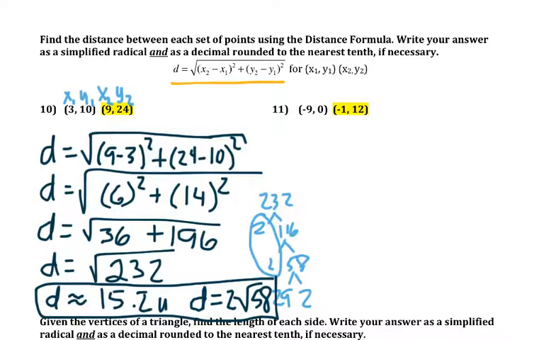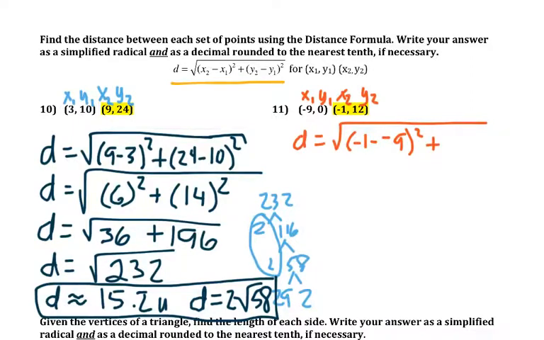Number 11, we have the points -9, 0 and -1, 12. So again, just label these. We have x1, y1, x2, y2. Substituting these in, we get that the distance is equal to the square root of (-1 minus -9) squared plus (12 minus 0) squared.